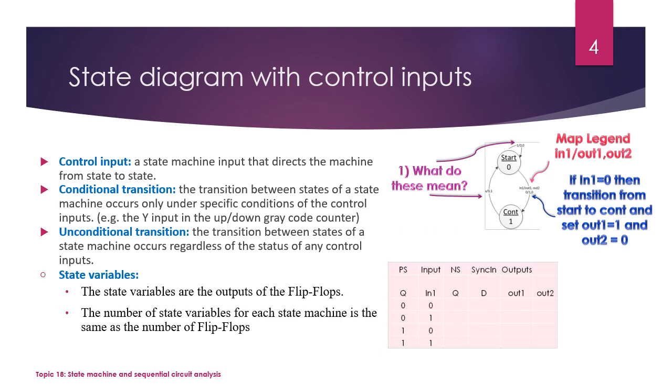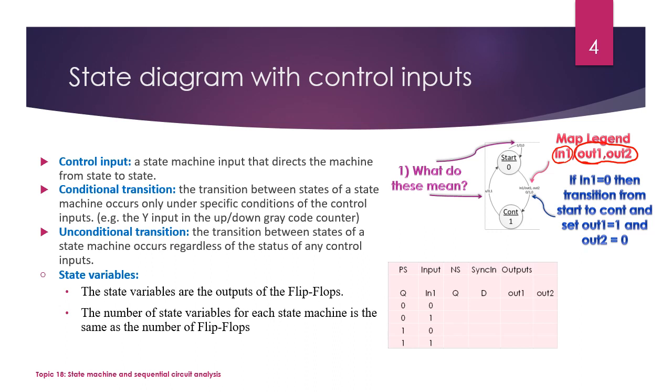So say we start with the 0 state or start position here, and we have a control input called in1, and we have 2 controlled outputs, out1 and out2. These 2 outputs are extra outputs besides the flip-flop output.